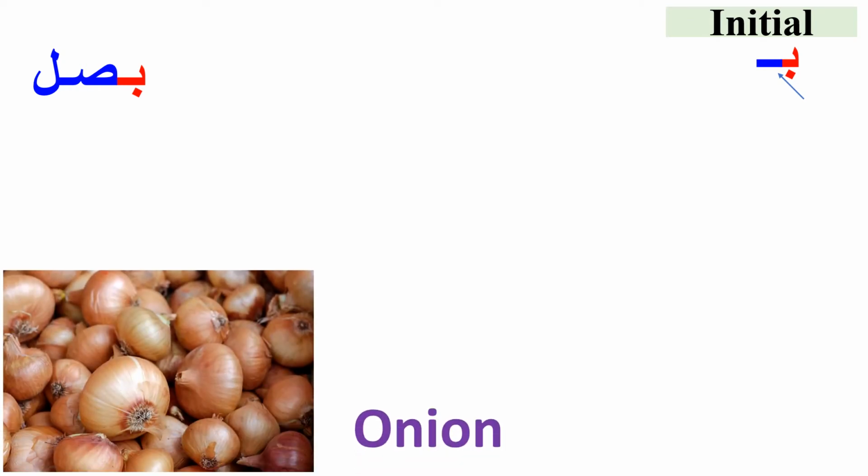Here is another example of the initial B letter. The word we have here is basal, which means onion in English. That is onion. Again, these are the individualized letters that make the word basal. So we have al-ba here, ba, sad, and al-lam, basal.